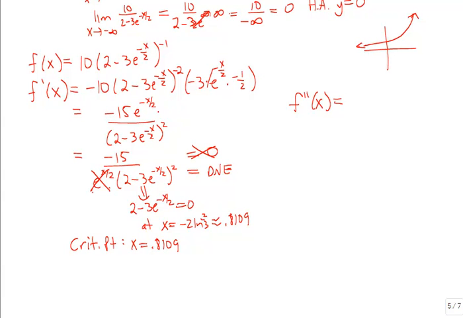It's certainly doable, but you get lots of terms and you have to do lots of factoring, and it's just a bit messy. So the end result here is that the second derivative is 15 times (3e to the negative x over 2 plus 2) all over 2e to the x over 2 times (2 minus 3e to the negative x over 2) quantity cubed.